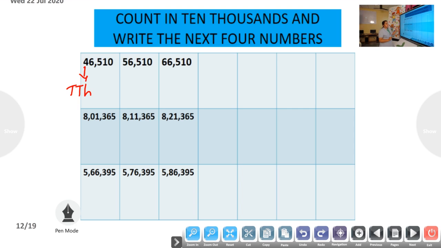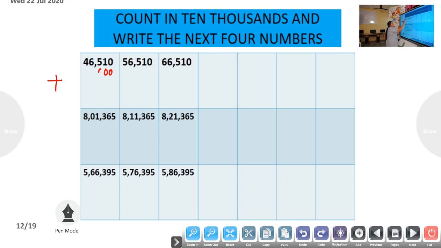So you have to change only the digit in the 10,000 place. So here is the 4. 4 changes. Next number is 5. Next number starts with 6. Other digits remain the same. Is it clear? So that means you have to add 10,000 to the given number.